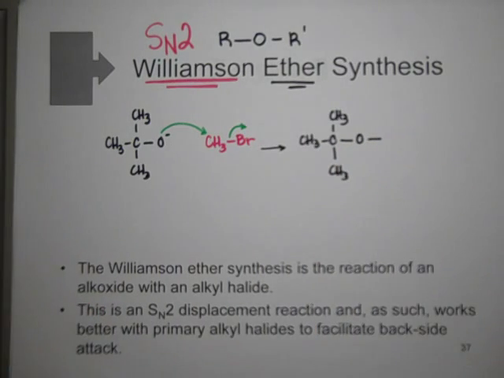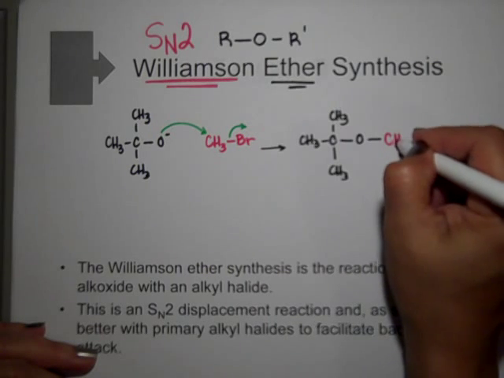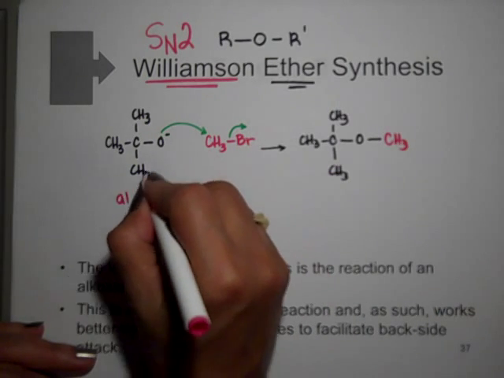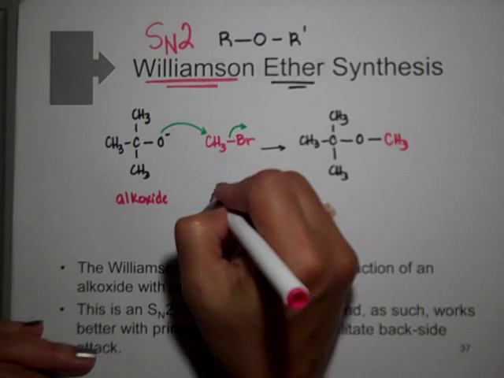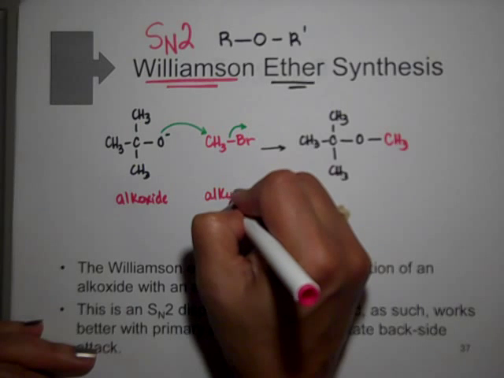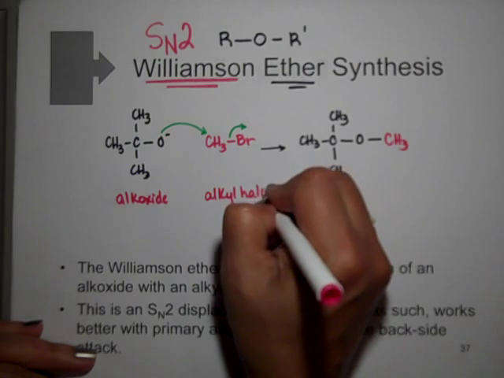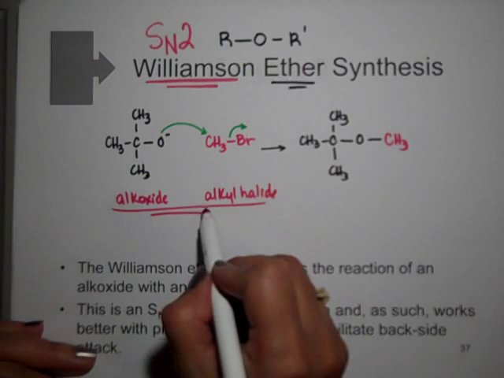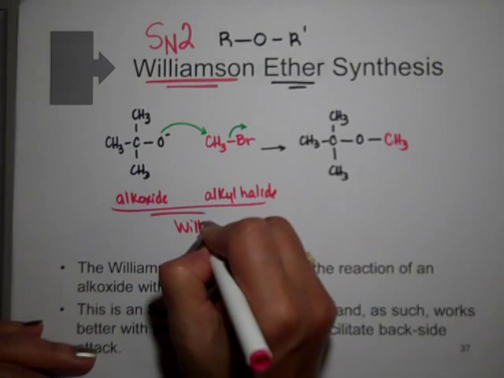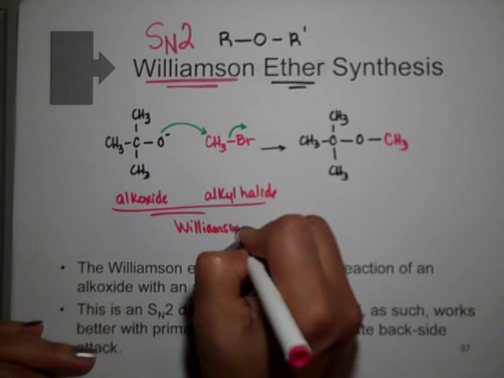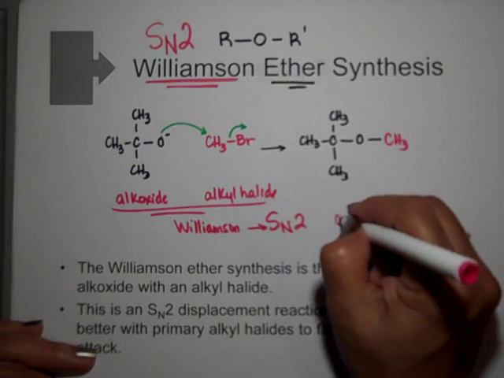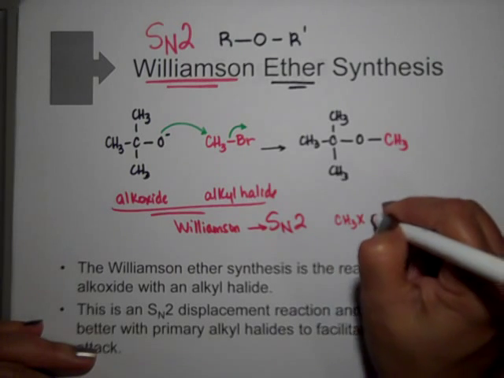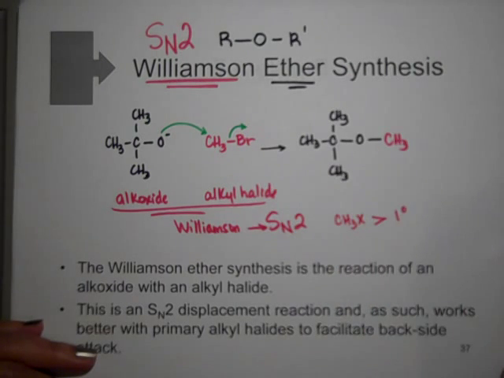You take an alkoxide and you do an SN2 reaction with it. So it's an alkoxide and an alkyl halide. That makes the Williamson ether synthesis. And you have to remember that it's an SN2 reaction, so a methyl halide is going to be better than a primary.